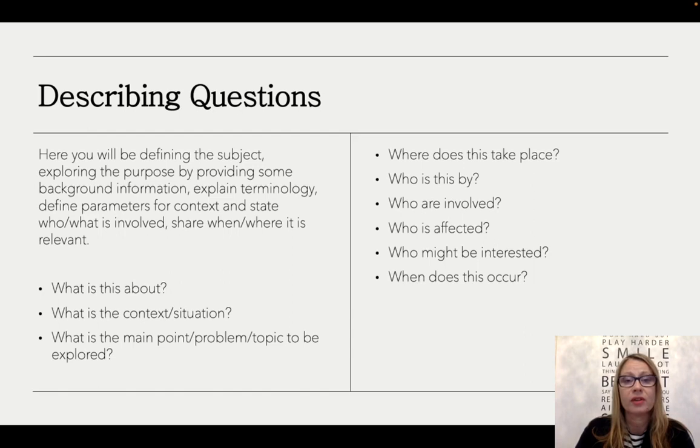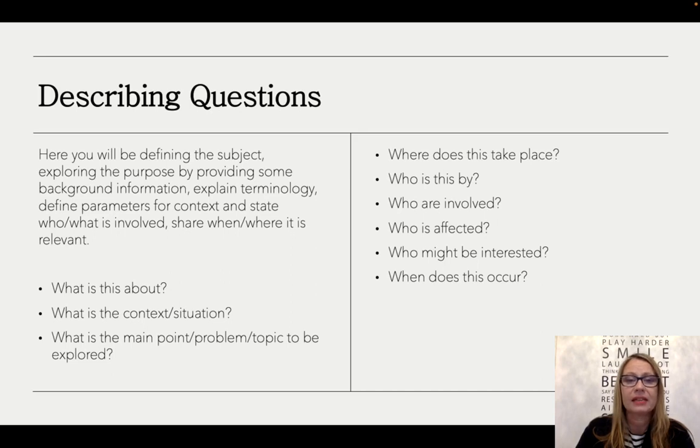As you progress through three years, you may be looking at your own topic, for example. You think about where does it take place, who are the key instigators, for example, who's it by, or who is involved, who are the main writers, for example, if any seminal authors, who's affected, who might be interested, and when does it occur.